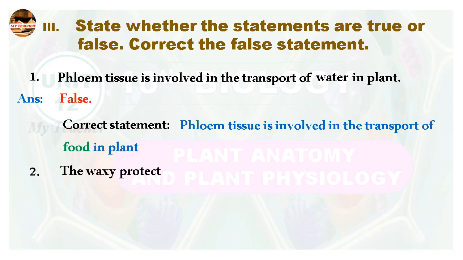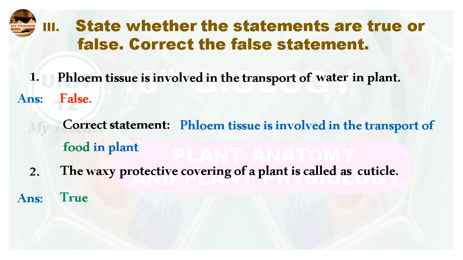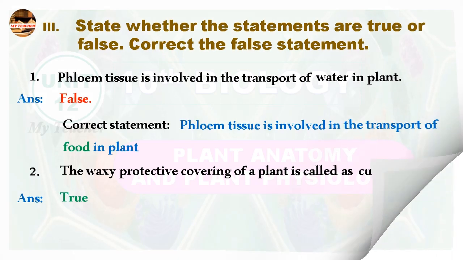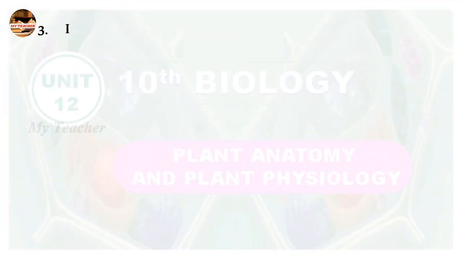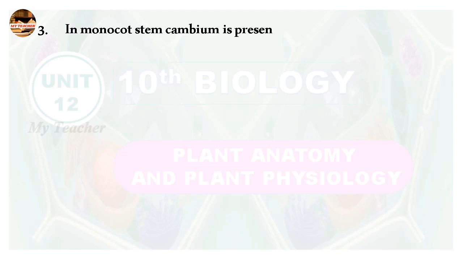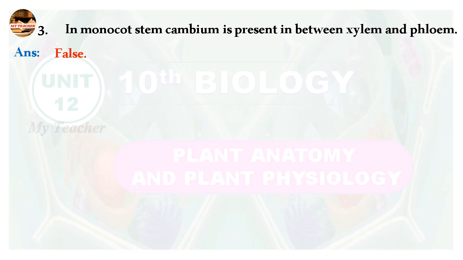Second question, the waxy protective covering of a plant is called as cuticle. The statement is true. Third one, in monocot stem, cambium is present in between xylem and phloem. Statement is false.